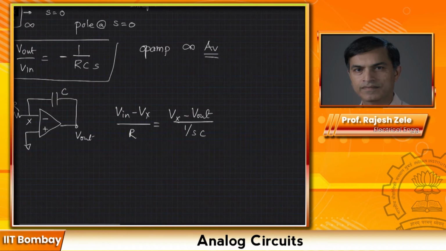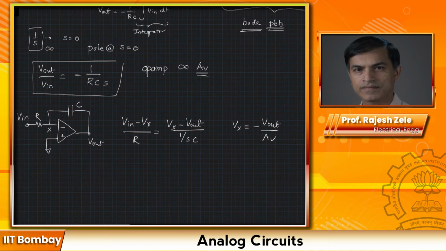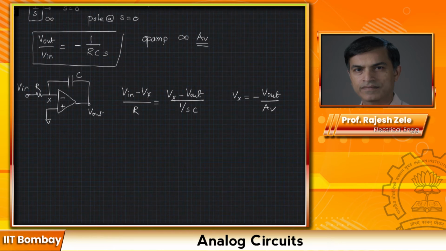Also, we know that the op amp has finite gain, which means Vx is equal to minus V out divided by AV, AV being the open loop gain of the operational amplifier. Once we know that, then we can substitute here, and I'll give you 10 seconds. You can pause the video here and go through the expression and write the expression for V out over V in. Just substitution, solving the equation.